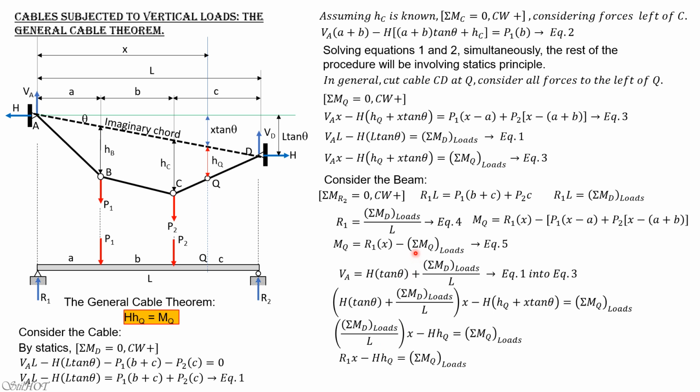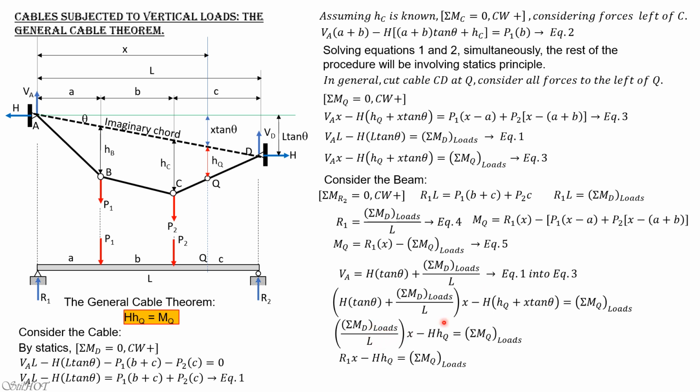By the way, from this equation here, we have R1X minus HQ equals summation moment about Q due to the loads, because R1 is summation moment about D due to the loads divided by L. So we interpret this expression as simply R1.